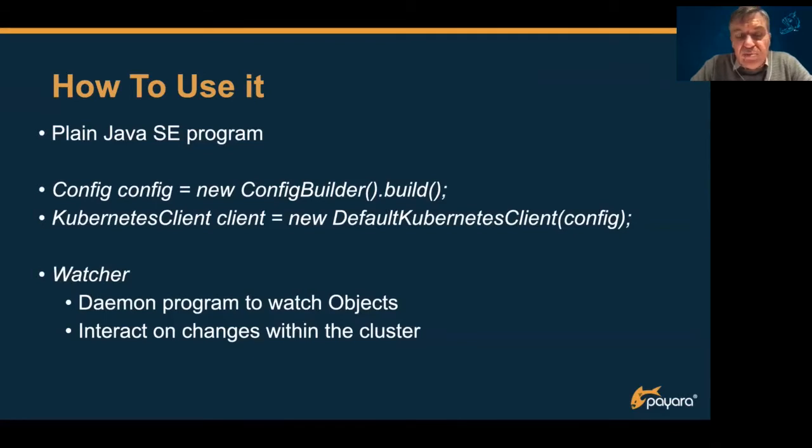And even two simple lines can create your client. I've set them here also in the slides. We will see them in the example also. You have to just create a config object, and with that config object, you can pass it then to the client, and you have some Java instance which can connect to that API endpoints, and you can send commands to it, read the number of pods and the information which are currently running, for instance.